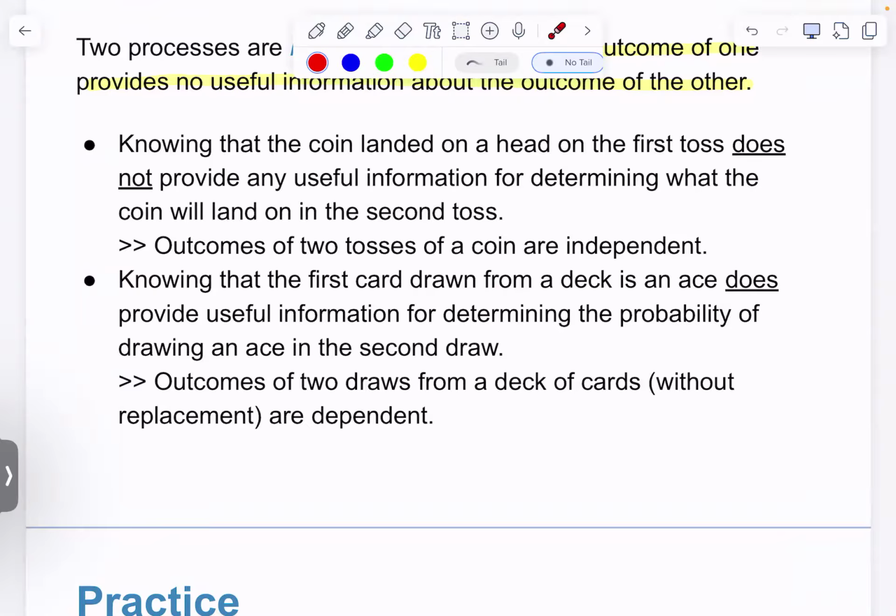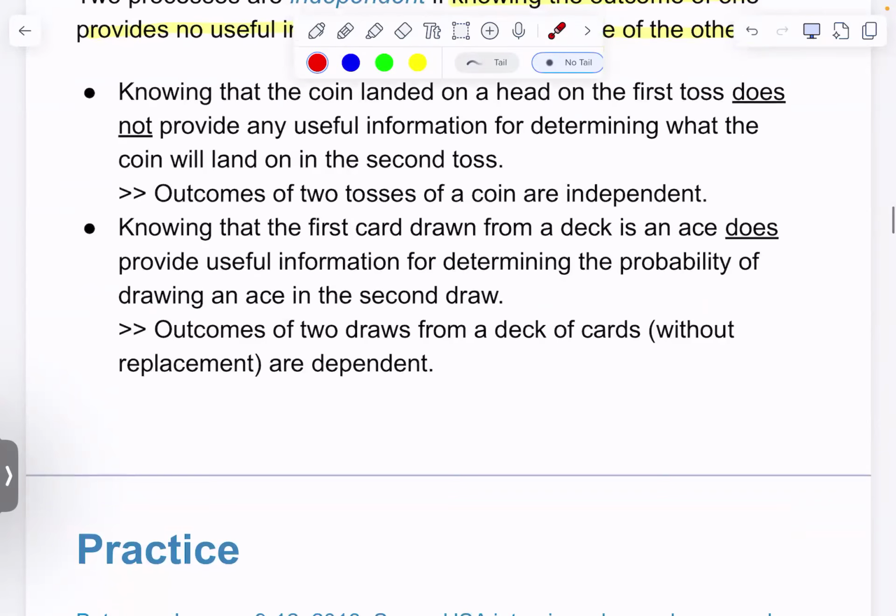So now, knowing that an ace has already been drawn does provide useful information for determining the probability of drawing an ace in the second draw. So the outcomes of two draws from a deck of cards are dependent, not independent.